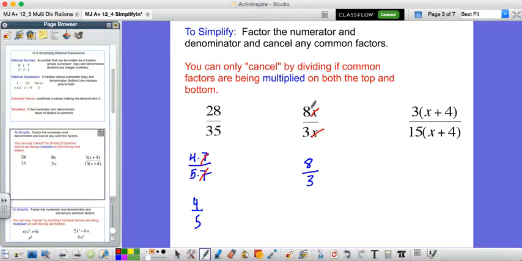So by the same logic we used here, we can actually cancel these x plus 4s. This entire quantity is being multiplied. Now we're left with just 3 over 15, but we know that fraction simplifies to 1/5. So really, this entire expression can simplify to 1/5.